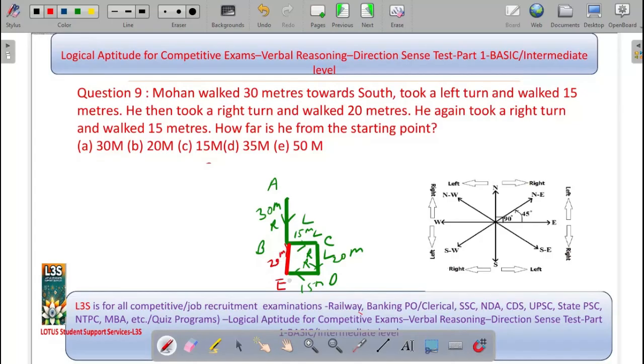So it is on the south side and this distance is 30 meters plus 20 meters. AE, the distance from A, is equal to 30 plus 20, 50 meters. So he is 50 meters away from the starting point. This is the starting point. From here he is 50 meters away. So option E, 50 meters, is the answer.